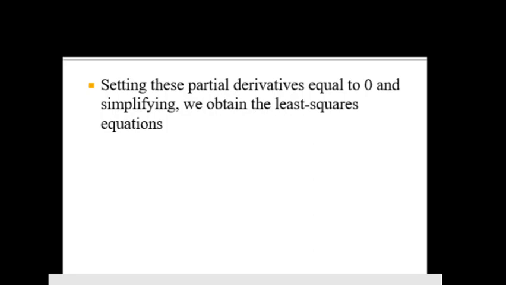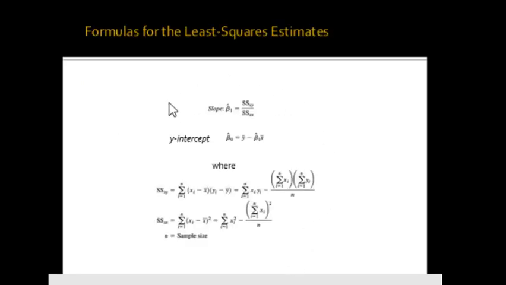If you are interested in how this is solved, please check the textbook. These are the final formulas that we will use. The estimate of the slope beta 1 hat is given by sum of squares xy divided by sum of squares xx. And these are the formulas for getting these numbers.